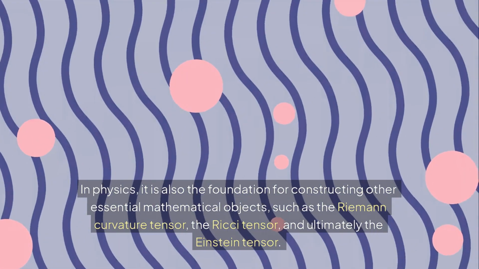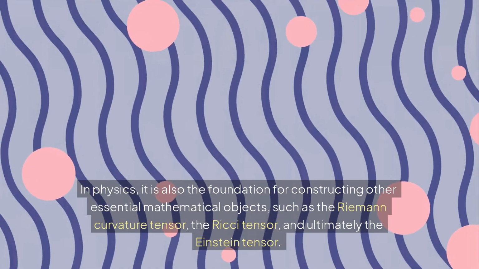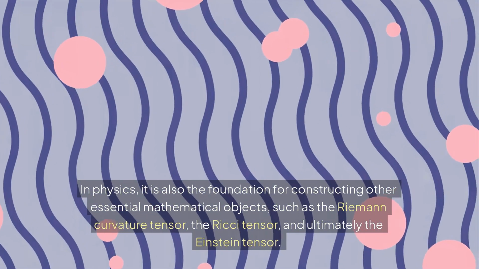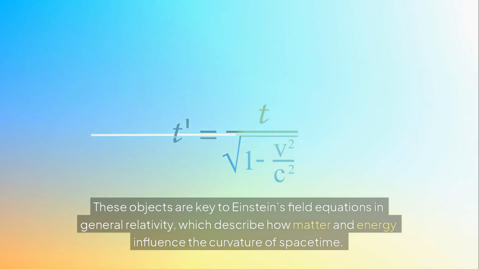But the metric tensor doesn't just help us calculate distances. In physics, it is also the foundation for constructing other essential mathematical objects, such as the Riemann curvature tensor, the Ricci tensor, and ultimately the Einstein tensor. These objects are key to Einstein's field equations in general relativity, which describe how matter and energy influence the curvature of spacetime.